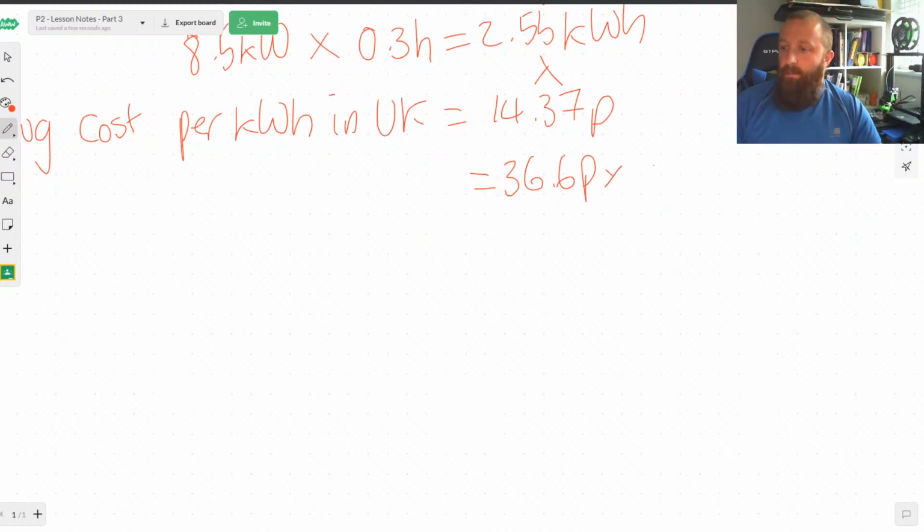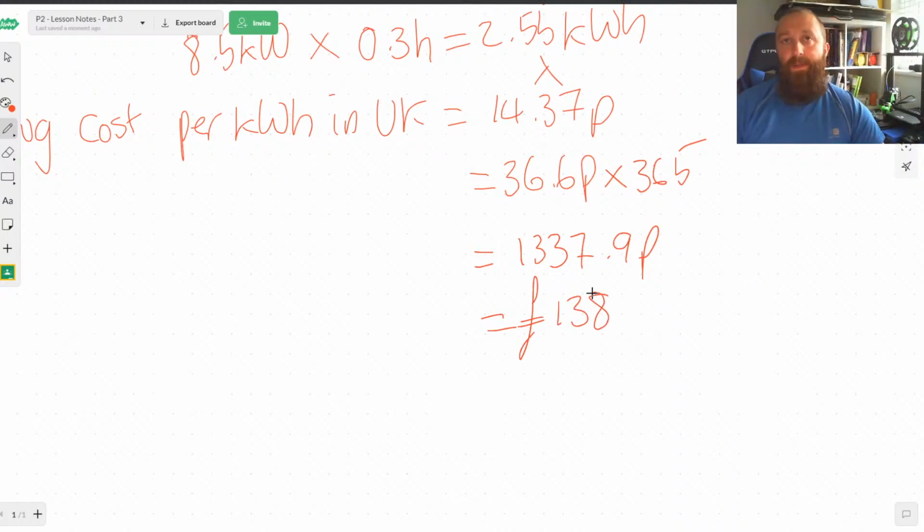We multiply that by the number of days in a year. That's going to equal 1,374.9 pence, this is in pennies, remember. So in other words, her showers are costing her about £138 a year if she had a 20-minute shower.